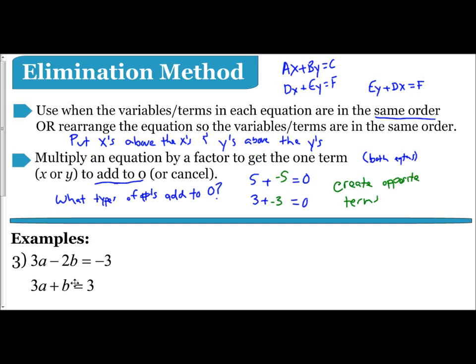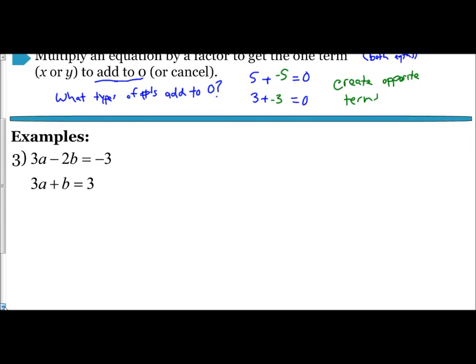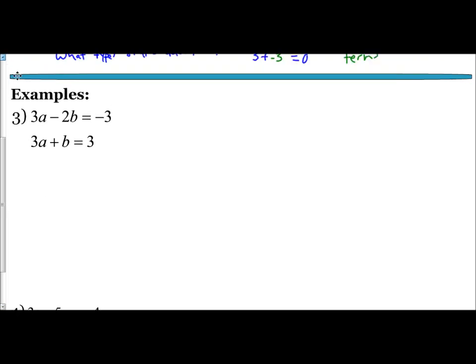First, I have 3a minus 2b equals -3, and 3a plus b equals 3. So what I'm going to do is see that my variables are above each other. Now I want opposites. It doesn't matter, you could eliminate the a or the b. You have to decide.